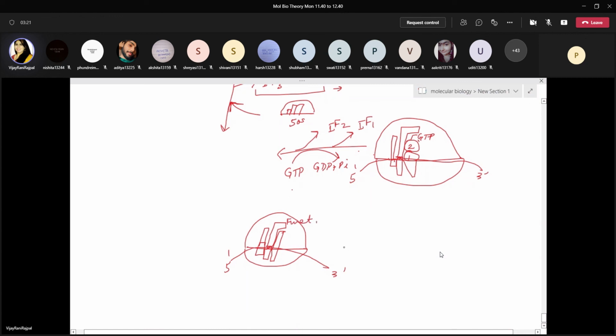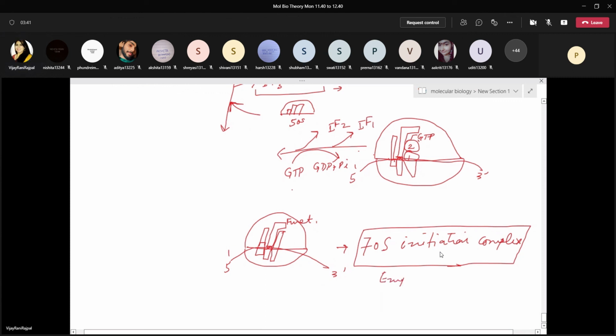This is known as the 70S translation initiation complex. What does it have? It has an empty E site, an empty A site, and no factors.